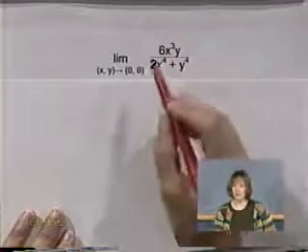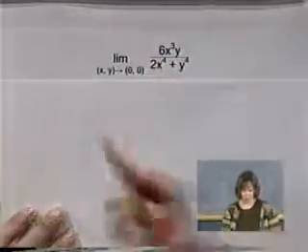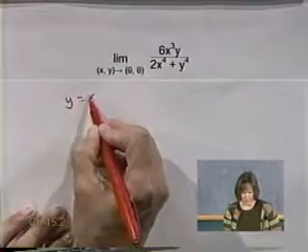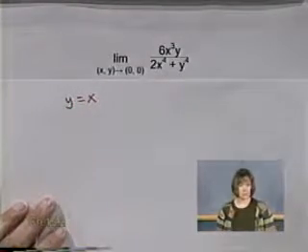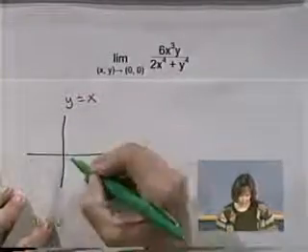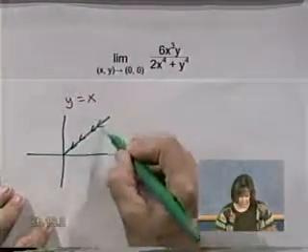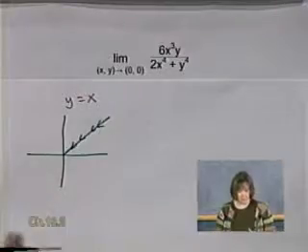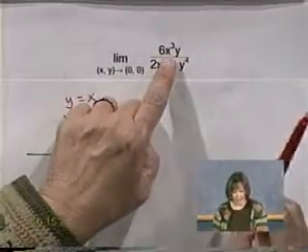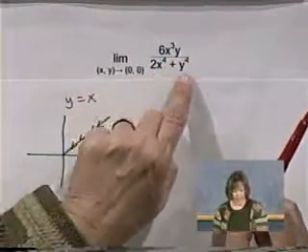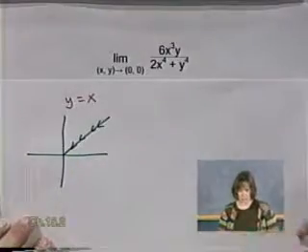Everything would be in terms of x to the 4th. Now, does the path y equals x go through the origin? Well, sure it does. The path y equals x looks like this, right? Do you see why I picked it, though? Because I'm thinking if I had x cubed times x, I'd get x to the 4th. Everything would be in terms of x to the 4th.